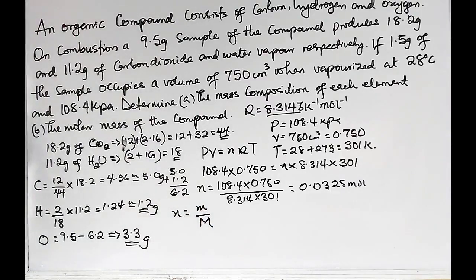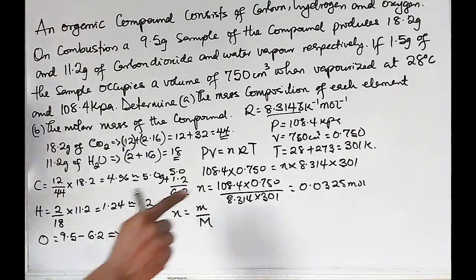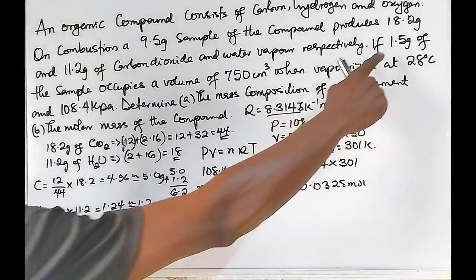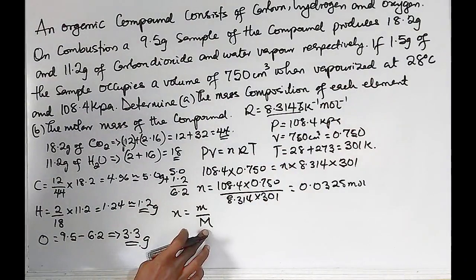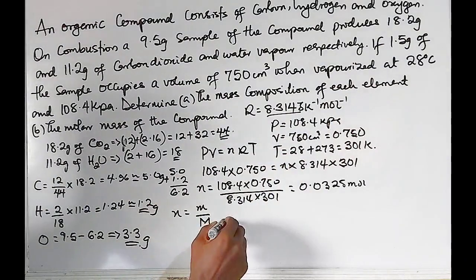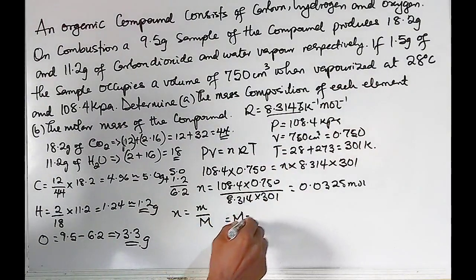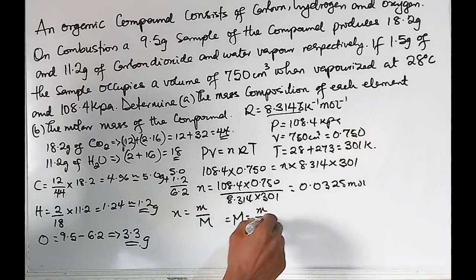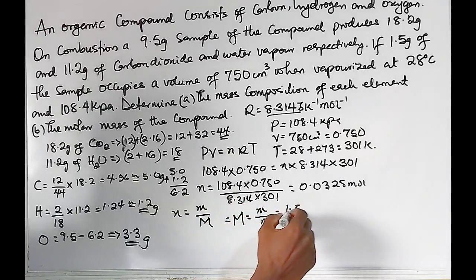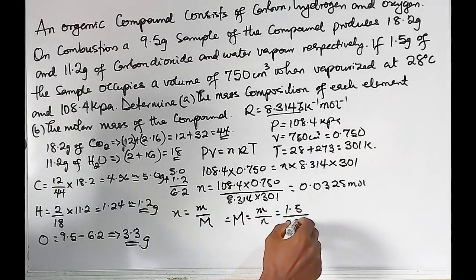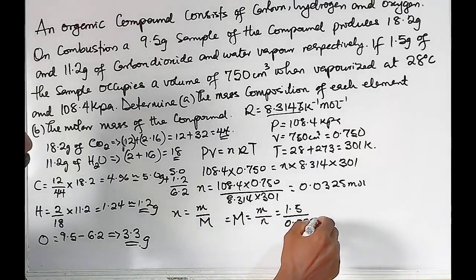Now take note that the number of mole equals the mass over the molar mass, and we are told to find the molar mass. Now take note that the mass is already given as 1.5. So if we make the molar mass the subject of relation here, the molar mass will give us mass over the number of mole, which is 1.5 over 0.0325.